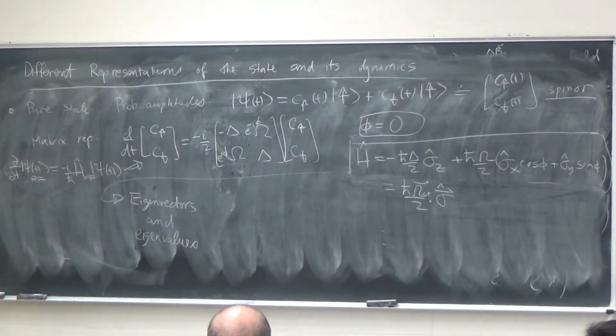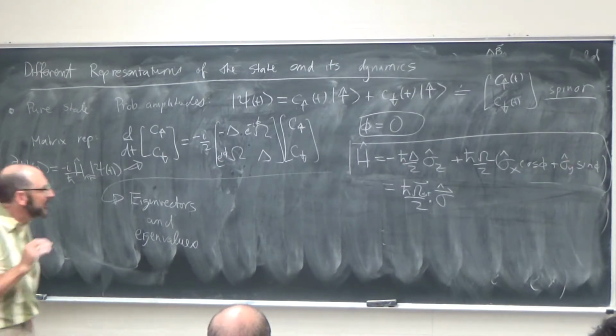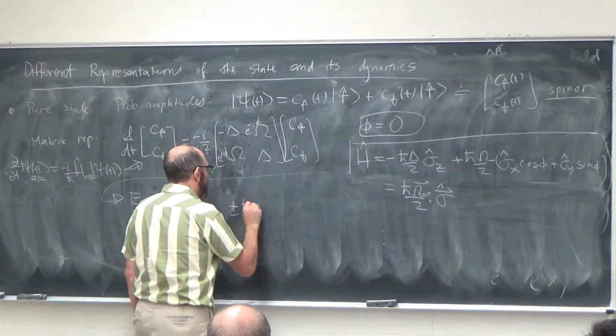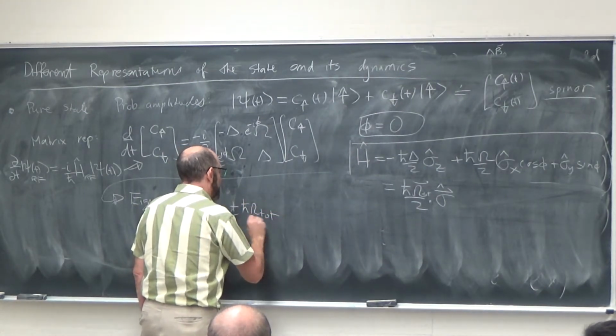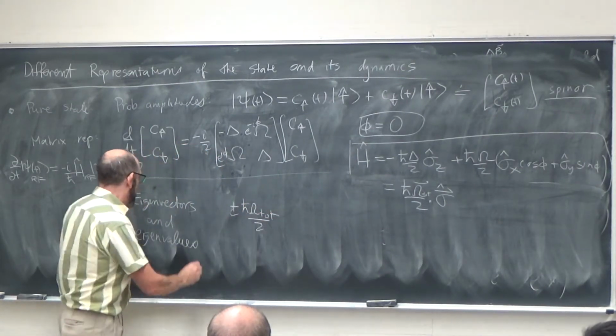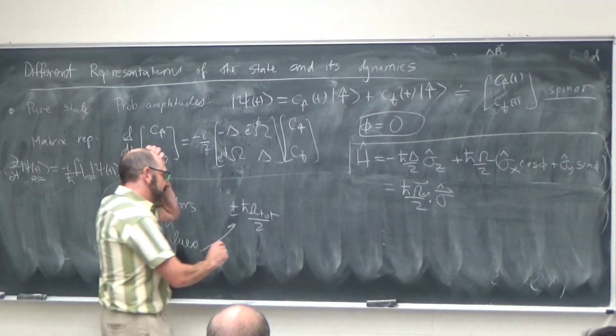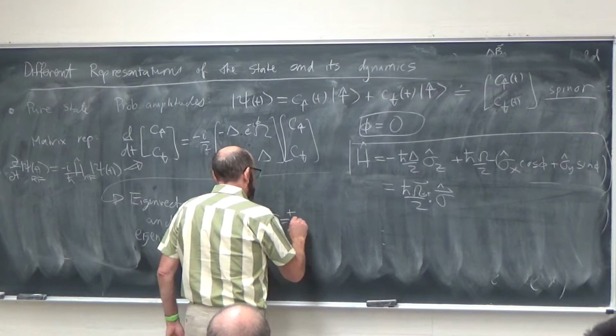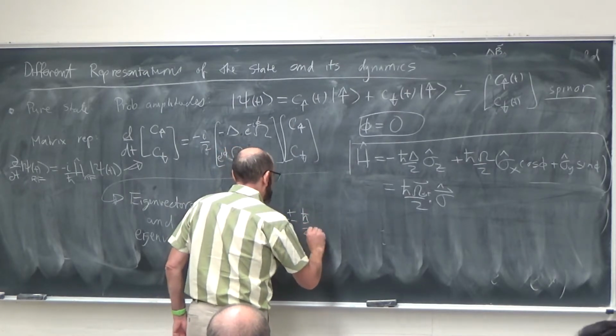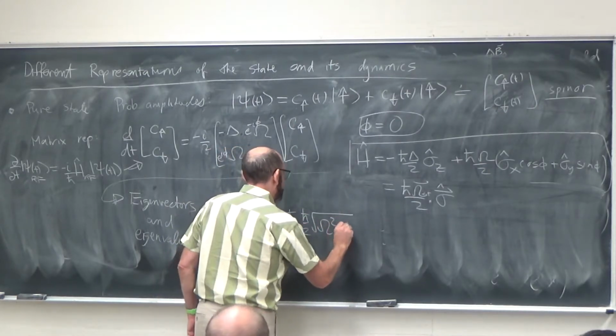So now I ask you again, what are the eigenvalues of this Hamiltonian? Plus minus h bar omega total over 2. Those are the eigenvalues. That is to say, plus or minus h bar over 2, the square root of omega squared plus delta squared.